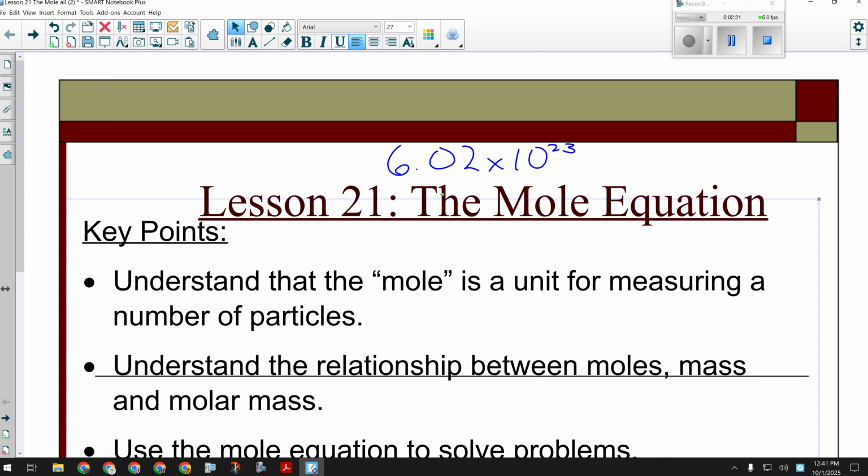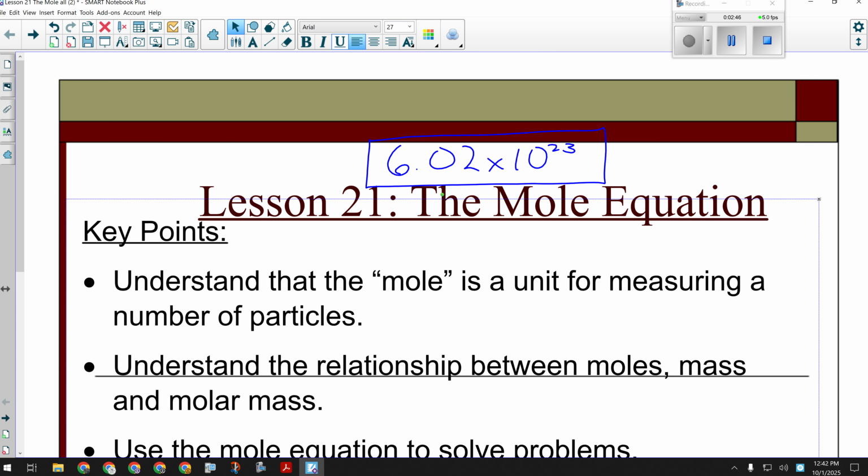So the idea of the mole was invented to deal with that. This is the amount of particles of anything in one mole. That number works just like a dozen. If I have a dozen eggs, how many eggs do I have? If I have a dozen donuts, how many donuts do I have? It's always 12. Doesn't matter what it is.